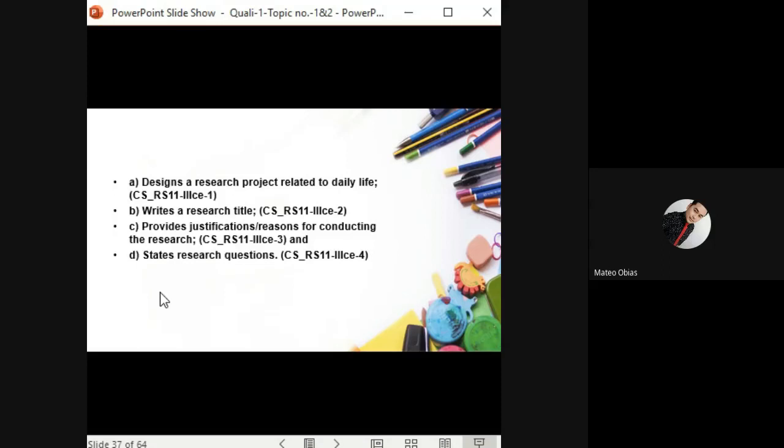Okay? So, lalo na ngayon, one of the problematic situations now is the COVID-19 menace. Okay, so a study that focuses on the best way to prevent this. Okay, so needless to say, the situations that we need to improve on.